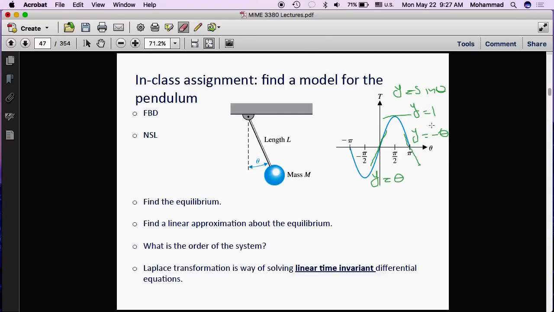So this should be modified as y is equal to pi minus theta. Now if you plug in theta equals 0, y is pi. When you plug in theta equals pi, y is equal to 0, which means the line crosses 0 at theta equals pi.